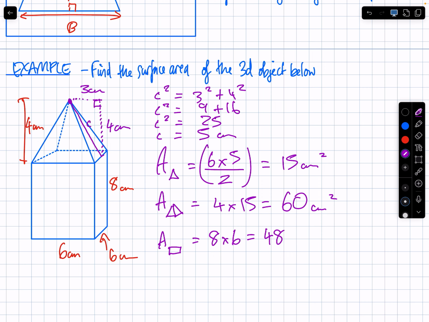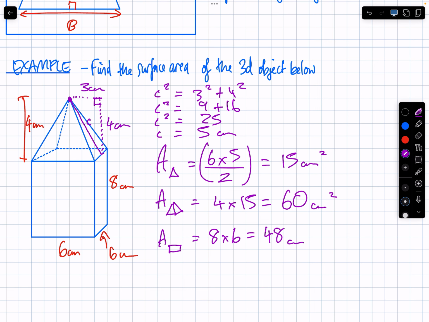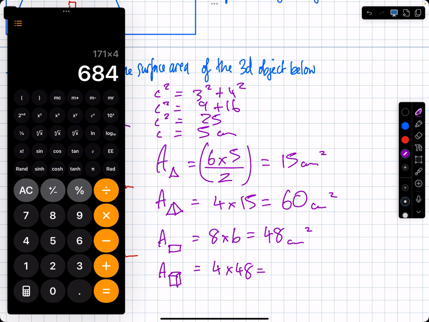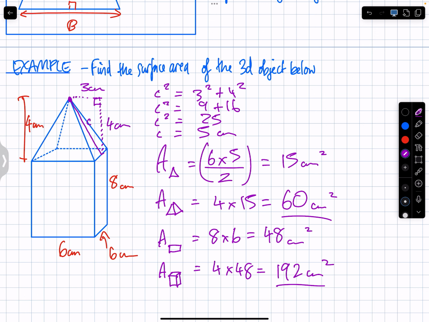How many rectangles are there? How many? 4. So 48 square centimeters. So area of the rectangular prism is going to be 4 times 48. What's that going to be? I suck at the mental arithmetic. So use the calculator. 4 times 48. 192 square centimeters.